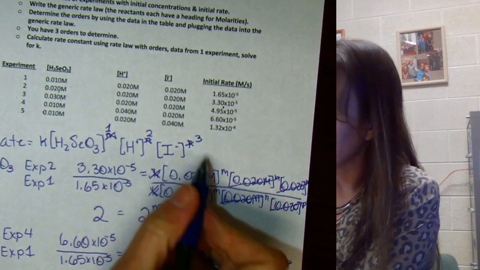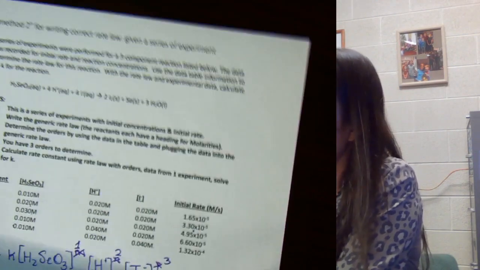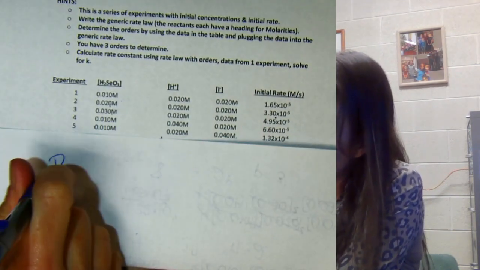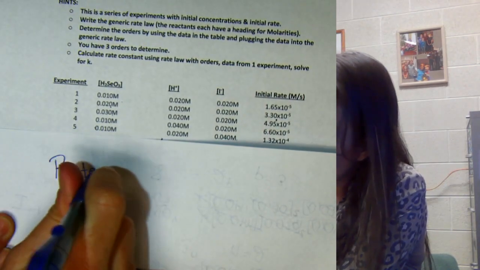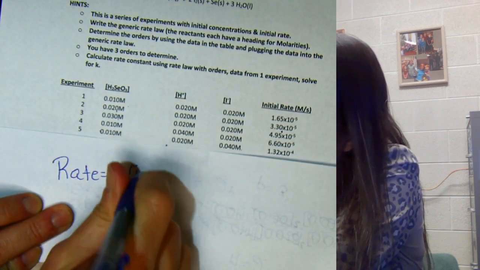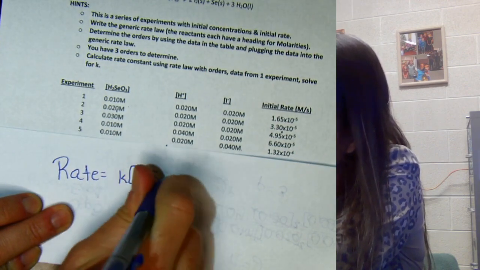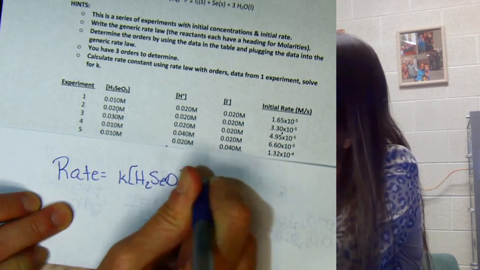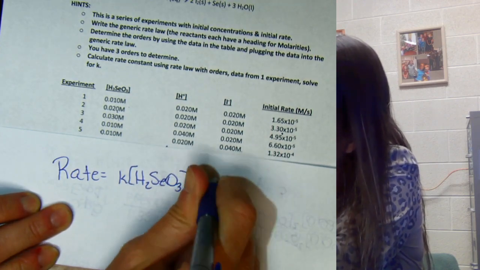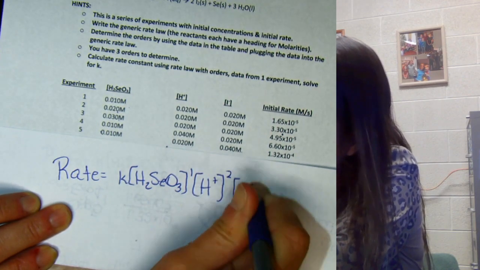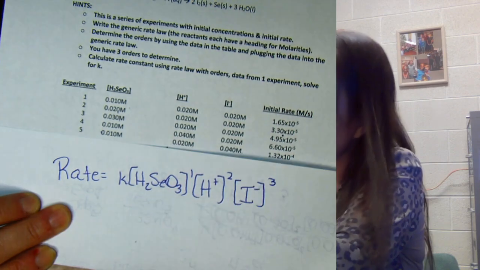So if we take each of these and rewrite it, then we get rate equals K times the H2SeO3 to the first power, hydrogen ions to the second power, and iodide ions to the third.